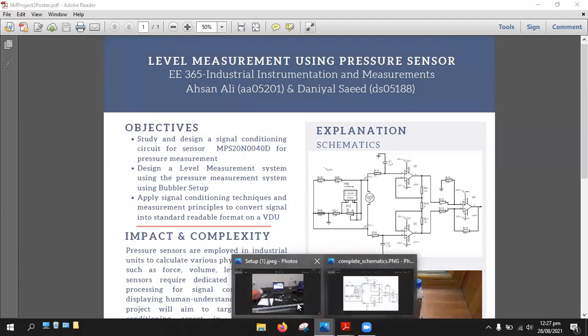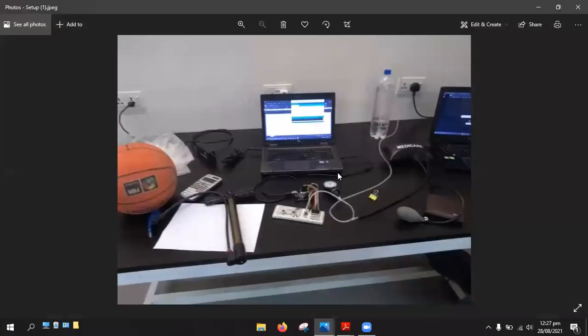Apart from that, this was the actual setup for the evaluation, in which, instead of using the blood pressure bag, we used this basketball, the pressure of which was controlled using this pump, and the pressure of this basketball was fed into our pressure sensor using this tube. But currently it is attached with the bubbler setup so as to calculate the level.